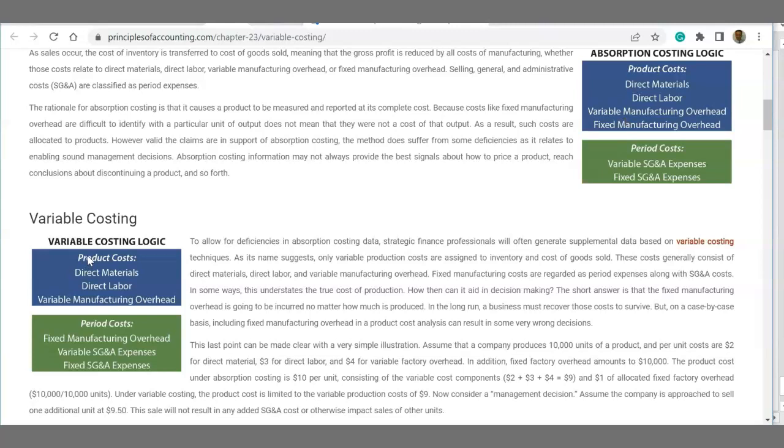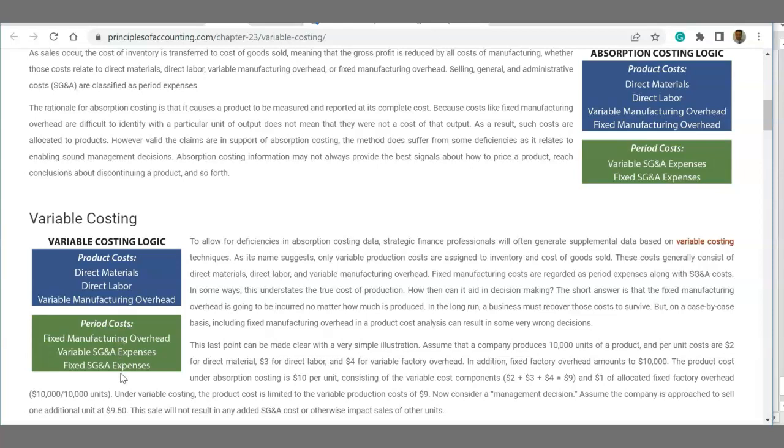But under variable costing, we want everything to be variable: direct material is variable, direct labor is variable. And why are direct material and labor variable? Because if you don't produce anything, you're not going to use any material or labor. But what is in the period cost?